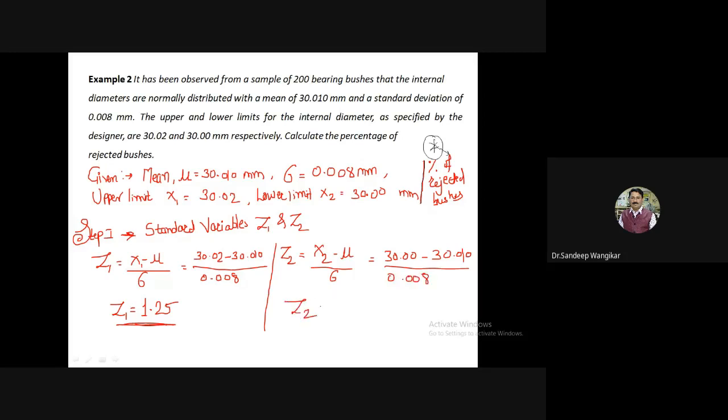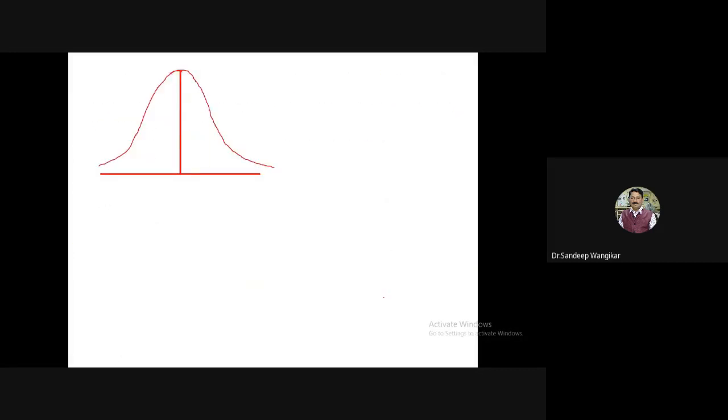So let me know the value for Z2 again. Here we will get the minus. So minus 1.25 again. Z1 and Z2 are same. Okay, very nice. So assuming that you have covered up to this point, move to next step.